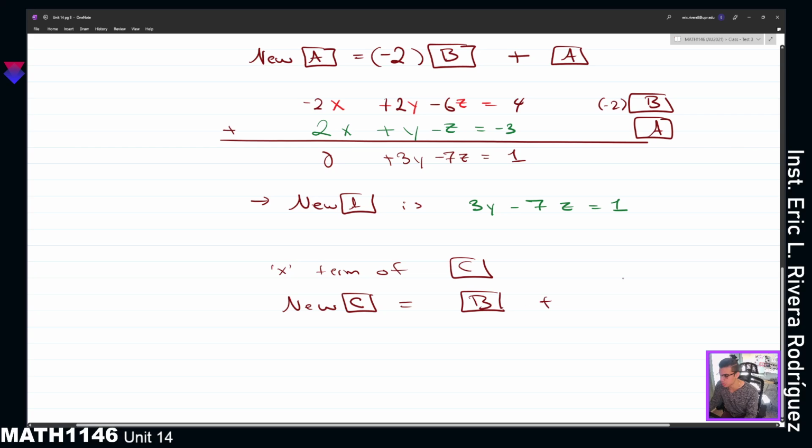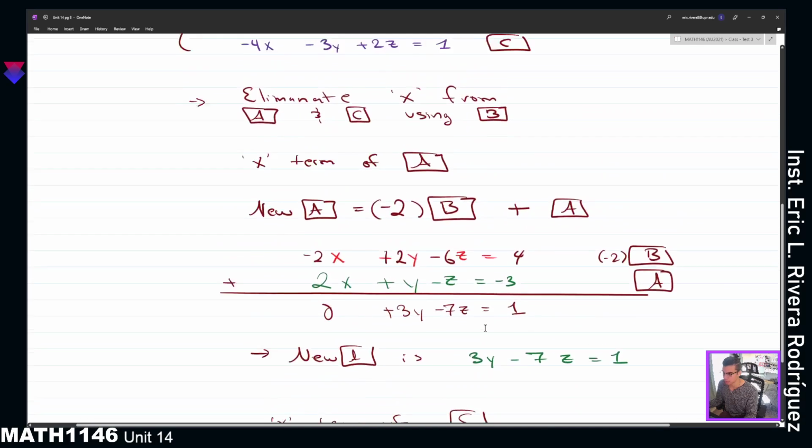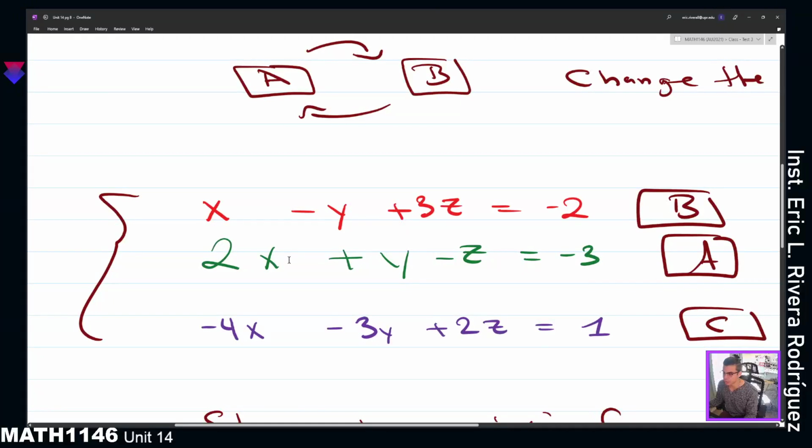I'm not going to use any other equation. I do not know if I need to multiply B yet. So let me go back to the system, and now I'm focusing on the x term of B and C. I'm seeing that the coefficient of the x term of equation C is -4. It means that I will need to multiply equation B by 4 in order to have the opposite value there.